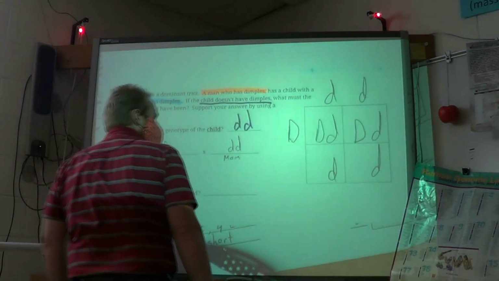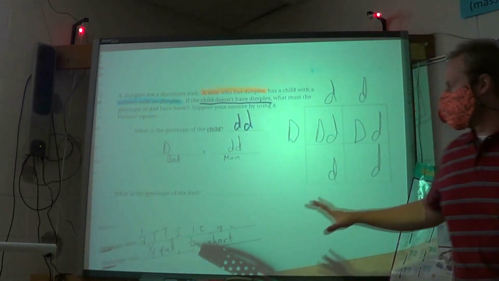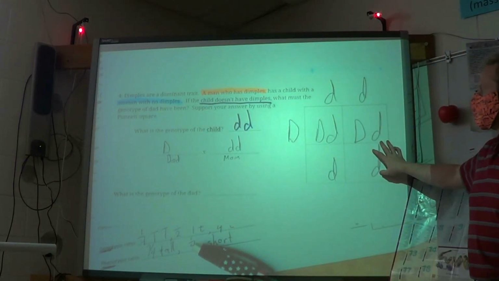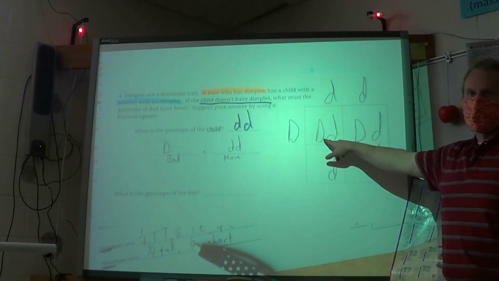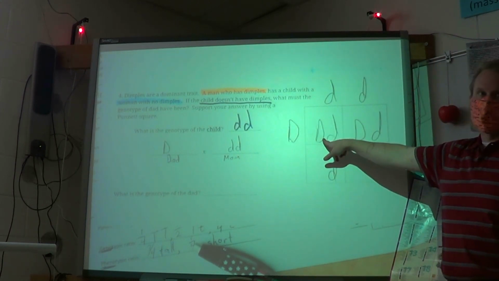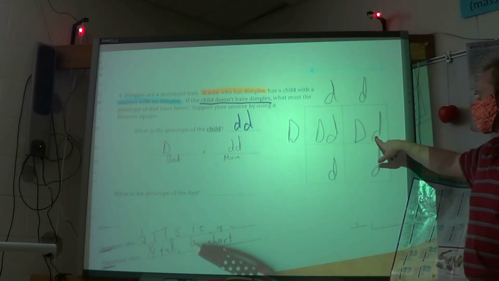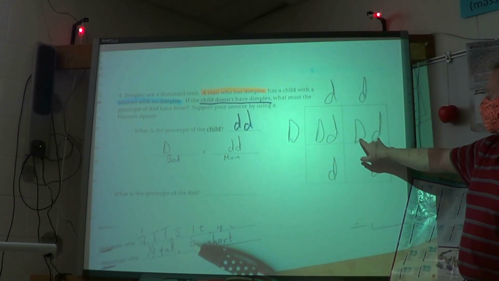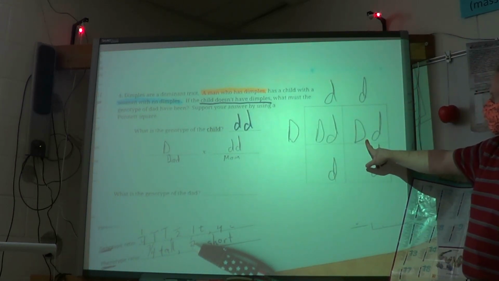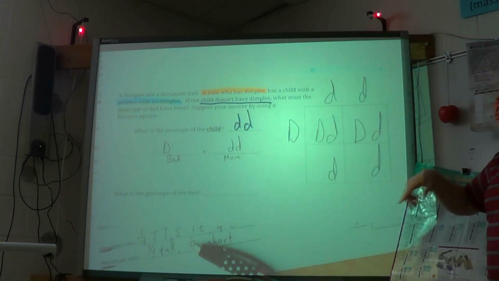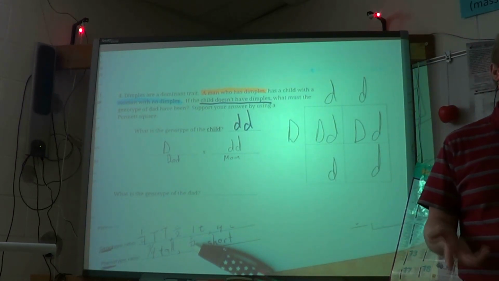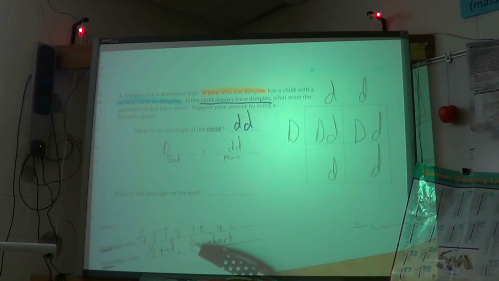Okay, so given that information, this is what my Punnett square would look like so far. Is this the kid we're talking about right here? No, because does this have dimples or no dimples? It has dimples. What about this one? The way I drew mine, does this kid have dimples or no dimples? This kid has dimples. So if this box or this box is going to be a no dimples kid, where does that second little d have to come from?